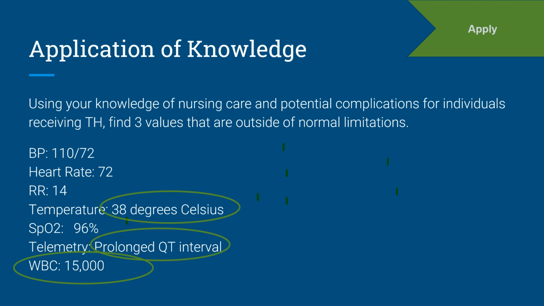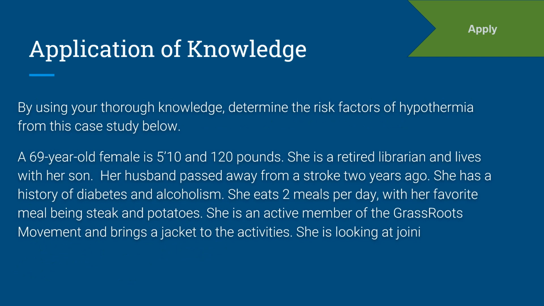So that would be elevated, which might show signs of infection or hypothermia, and the temperature of 38 degrees is high, and the prolonged QT interval, which could cause cardiac dysrhythmia. So again, the 3 options that are outside normal limits are the temperature, the telemetry, and the white blood cell count. And please let me know if you have further questions on this question.